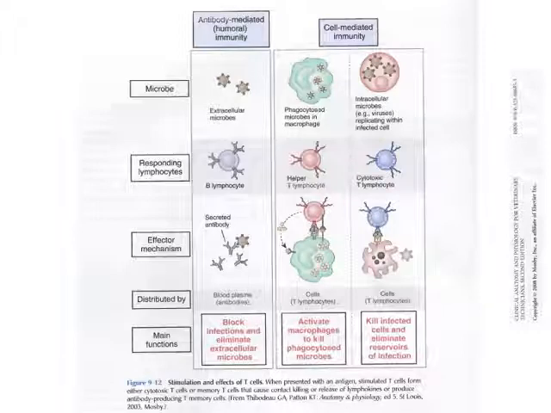So this is a good diagram to go through and look at how things might work. We have the B cells in here, and then you've got the T cells over here.